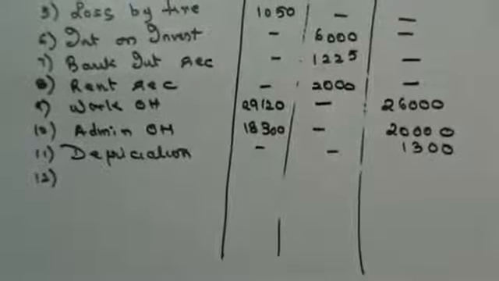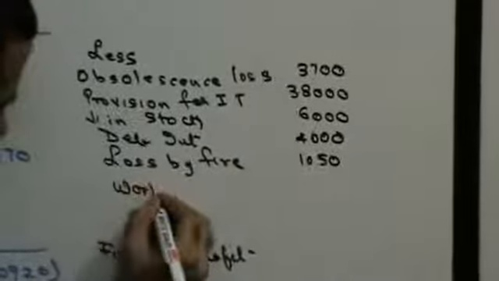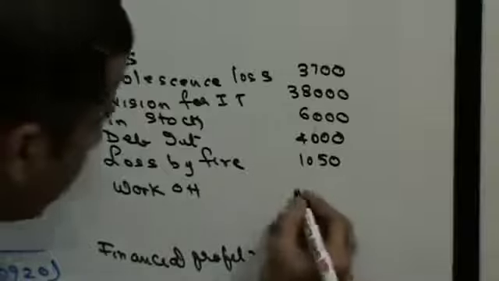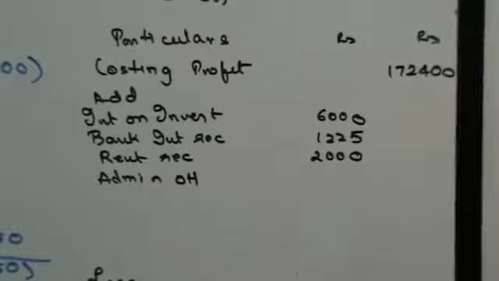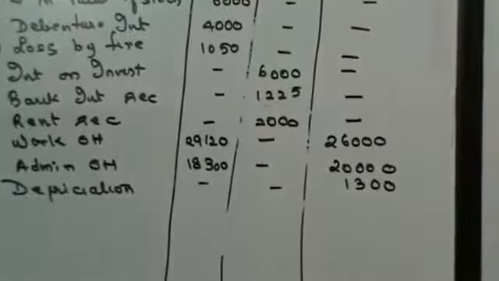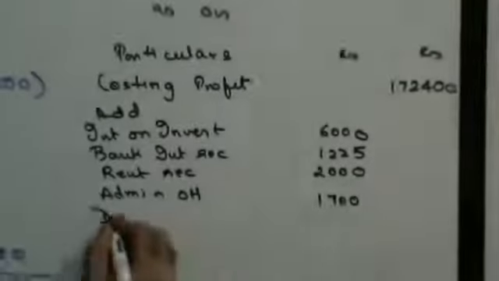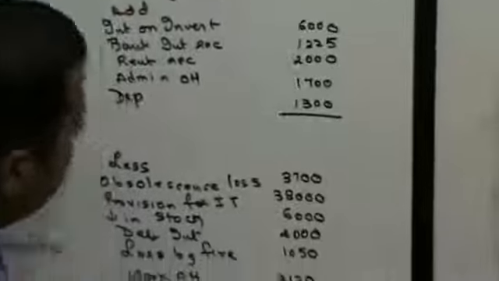Work overheads is less in costing, so it will go in less column. Work overheads 26,000 and 29,120, 3,120. Administrative overheads are more in costing. 20,000 and 18,300, so that's 1,700. Depreciation is more in costing. So depreciation 1,300.